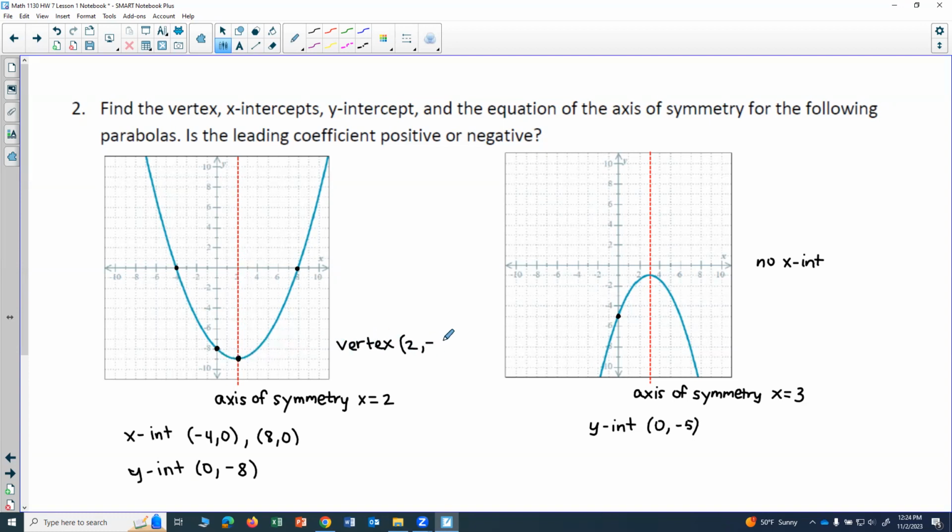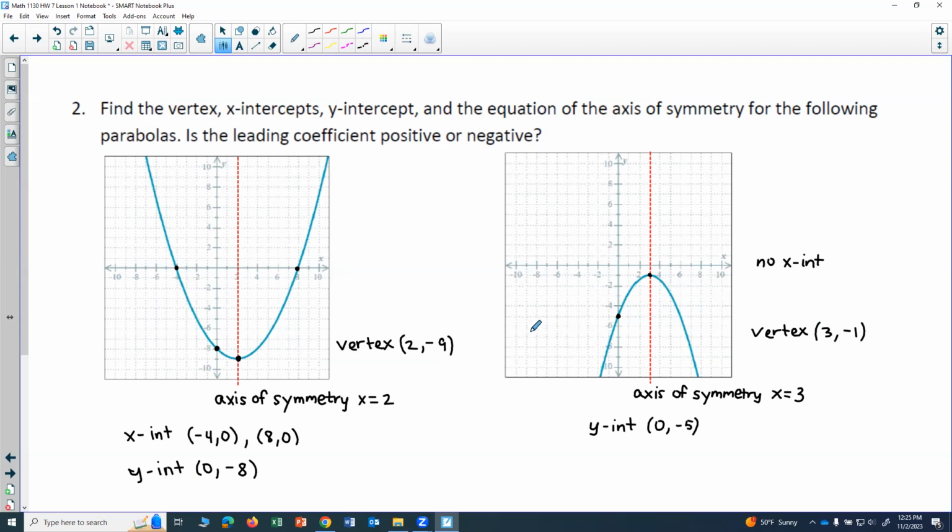So (2, -9) for the vertex. And here the vertex, the turning point, is at (3, -1). So the vertex, in this case, which is a maximum, I'm going to have x equals 3 and y equals -1. So there's my ordered pair.